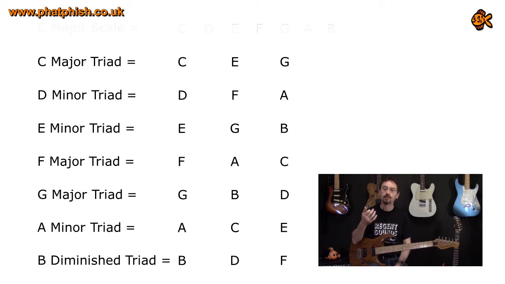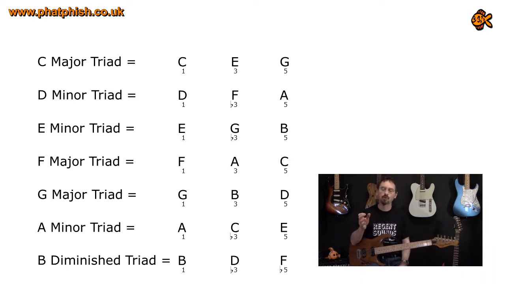Now there's 3 different types of chord here. There's the major triad, which occurs on the 1st, 4th and 5th degree, and it's got the formula 1, 3, 5. The minor triad, which occurs on the 2nd, 3rd and 6th degrees, has the formula 1, flat 3, 5. And the diminished triad, which occurs on the 7th degree, has the formula 1, flat 3, flat 5.